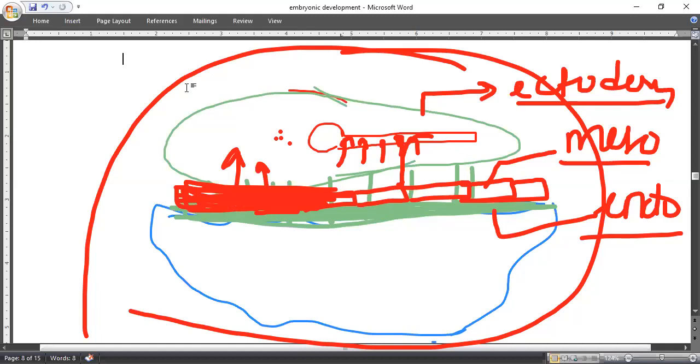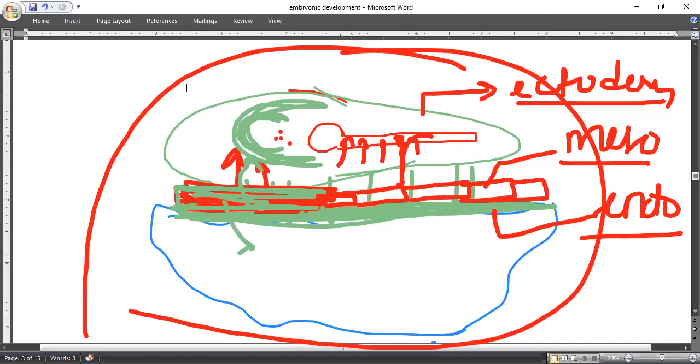Because coordinated development is required in the body, as I explained earlier in the class. So notochord and neural plate formation happen at the same time, with the vertebral column and skull, and the brain and spinal cord developing.